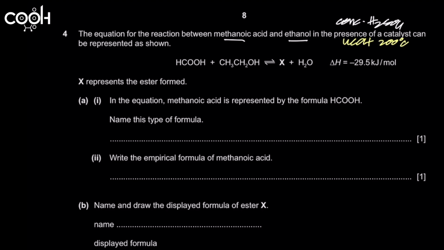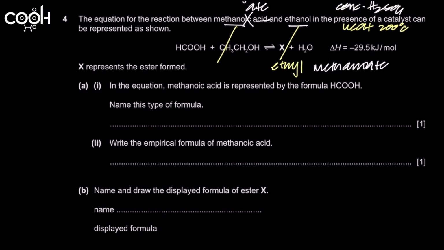So how will you name it? Since the alcohol loses the H, the name will change from ethanol to ethyl. Anything in organic chemistry, when it loses a hydrogen, it becomes the alkyl group. And in methanoic acid, the IC and acid are going to go away and become ATE. So ethyl is going to be the alcohol's name and methanoic acid is going to go into methanoate, right? So the name is going to be ethyl methanoate.